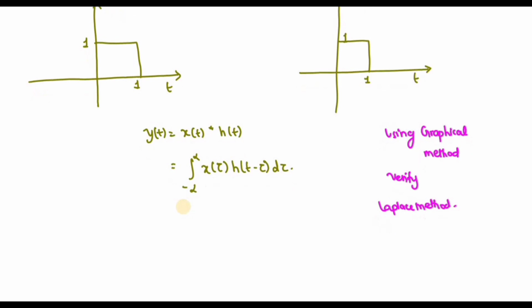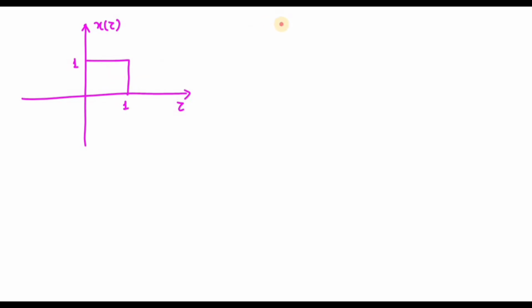So the x of tau will look like this. Instead of t, I'm going to draw it like this, this is my x of tau. Similarly, if I take it, this is my h of tau.